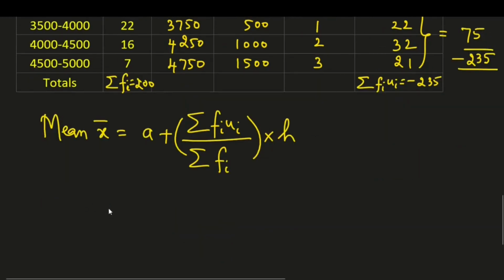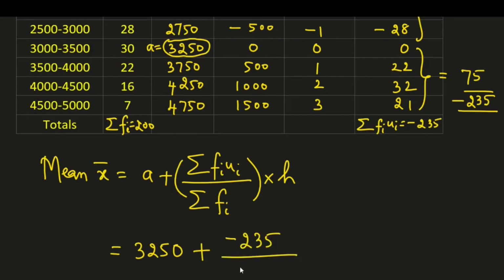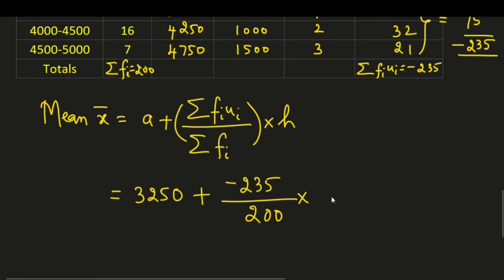Let us substitute the values. a we have chosen as 3250, plus sigma fi ui we obtained minus 235, by sigma fi is 200, into h value, which is 500. Now let us simplify. Here we can cancel these two by 100. So we get 5 and 2 here.